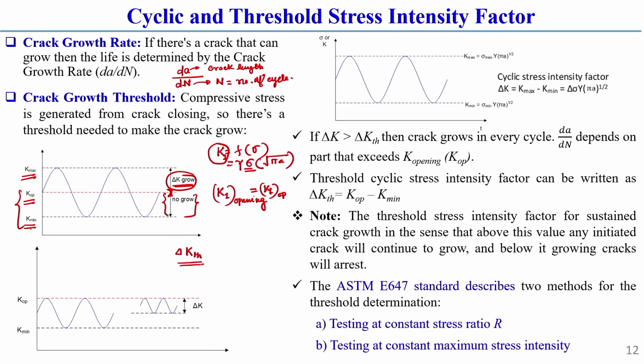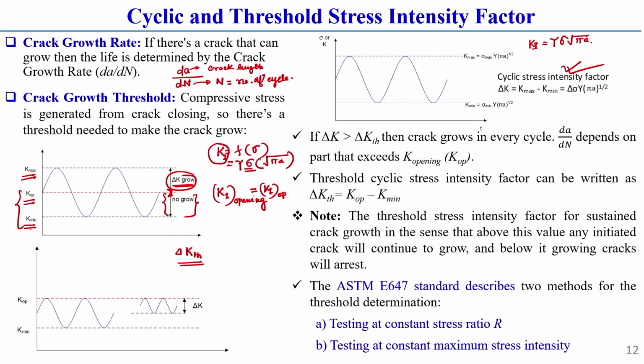So, to discuss this threshold stress intensity range delta K TH, first of all we should know what is cyclic stress intensity factor, because the stress intensity factor which we are calculating, we know K1, it is actually Y sigma square root of pi a.